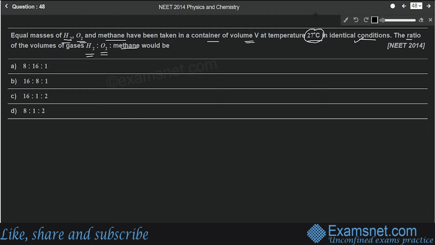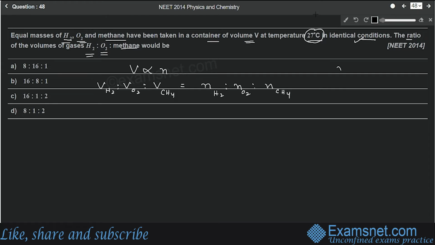And we know that at same temperature and pressure, that means at identical conditions, volume is proportional to the number of moles. Now here in this question we have to find the ratio of volume of H2, O2 and methane. So in place of this ratio we can write the ratio of number of moles of H2, O2 and methane.